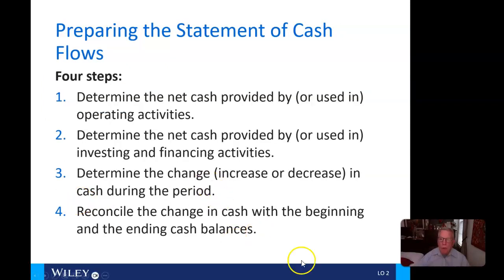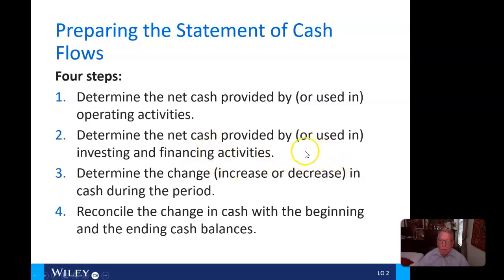All right, 4 steps in preparing that. We're going to determine the net cash provided or used in operating activities. This is the key one. We want to make sure, generally speaking, when we're analyzing a company, that we're getting positive cash flow from our core business activities.